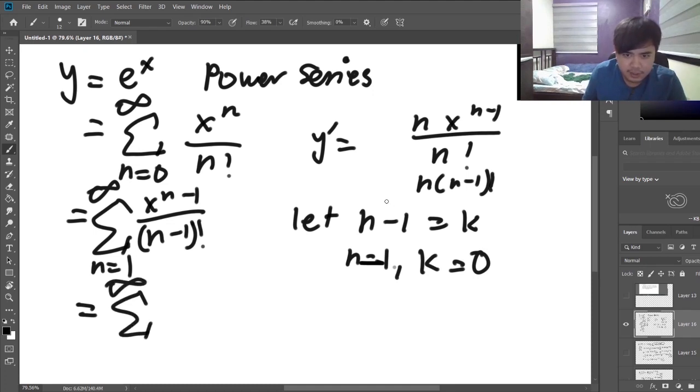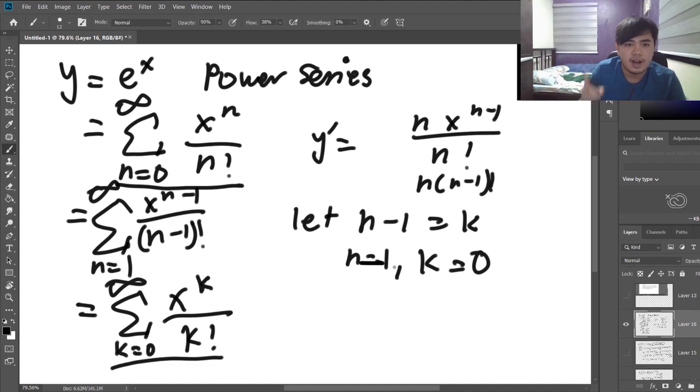It still goes to infinity because we're not changing anything, it's just a constant. So k is now starting from 0. x to the k over n minus 1, which is now k factorial. This and this are the same thing, different letter. So this is also e to the x.